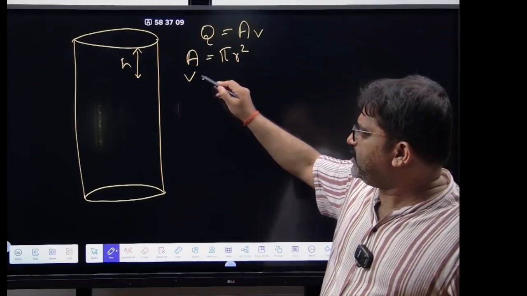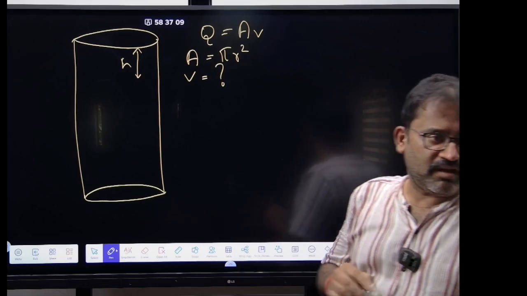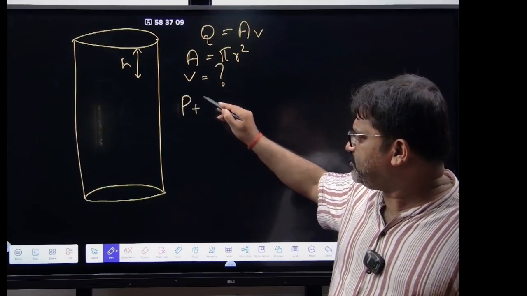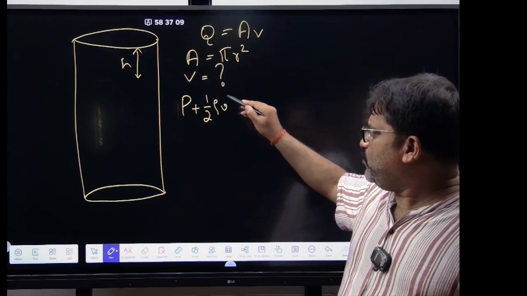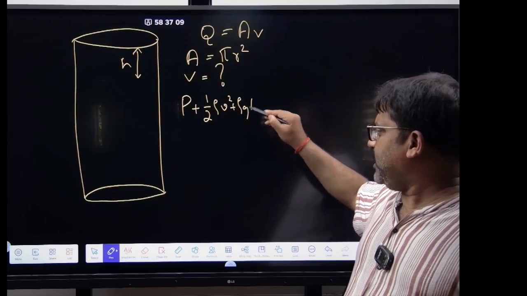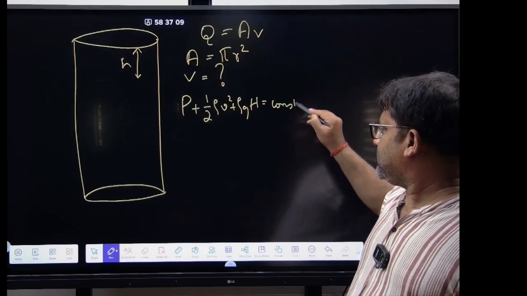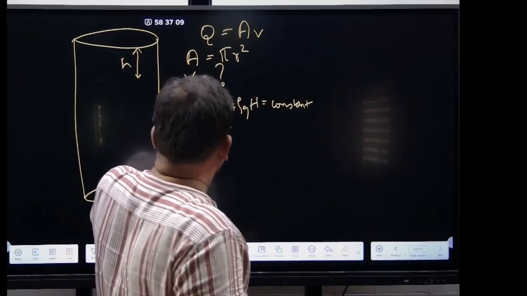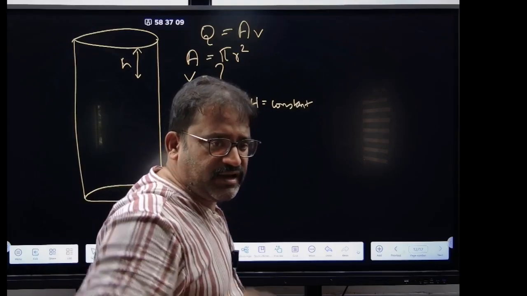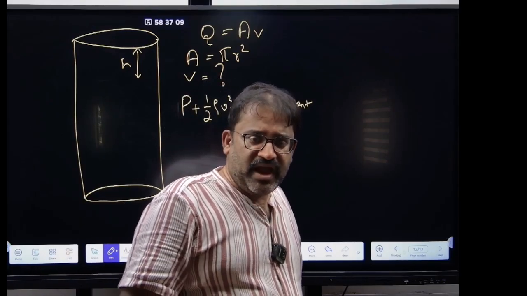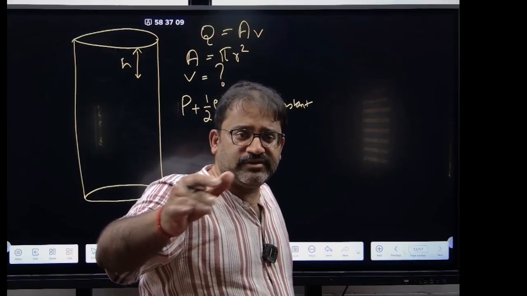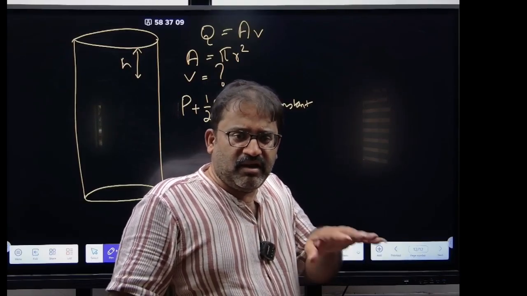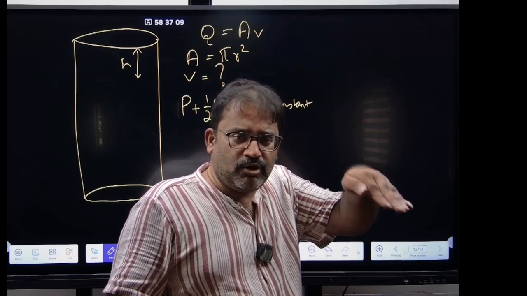To find the velocity, we are going to make use of Bernoulli's theorem. What does that say? It says that P plus half rho V square plus rho g h is equal to constant. Now see, at the free surface, the velocity is 0, because in the closed container the velocity at the free surface is constant or 0.